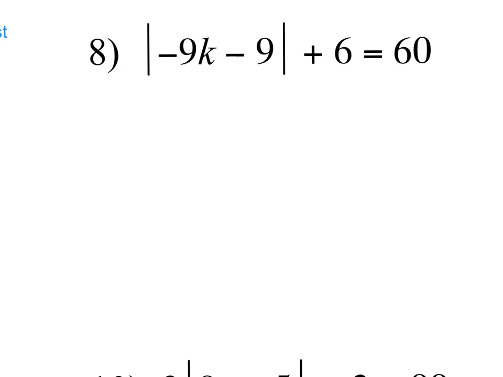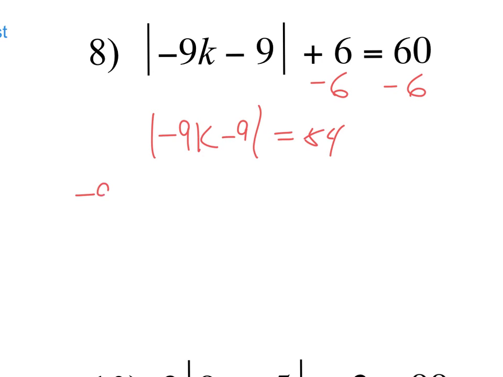In this problem, we have to get the bars by themselves first, so we'll take away 6 and get 9k minus 9 in absolute value bars is equal to 54. Writing it as two cases, negative 9k minus 9 is equal to 54, and negative 9k minus 9 is equal to negative 54. So add 9 to both sides.